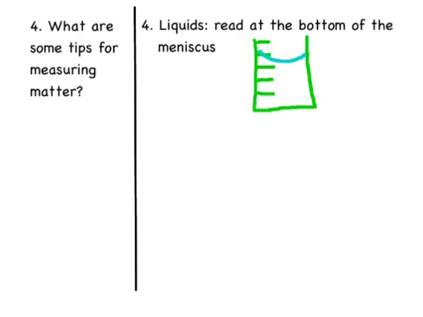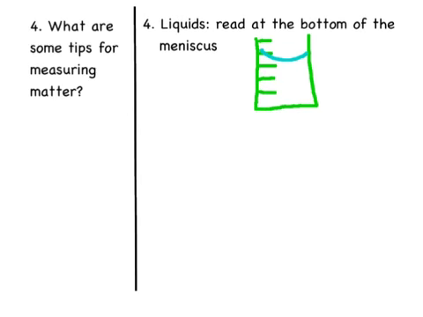And so whenever we're measuring liquids, we need to measure accurately by measuring at the bottom of the meniscus. Okay, and the bottom is right there. So we would measure at the bottom of the meniscus. In tomorrow's lab, you'll do that exact thing when you're measuring the volume of liquids.